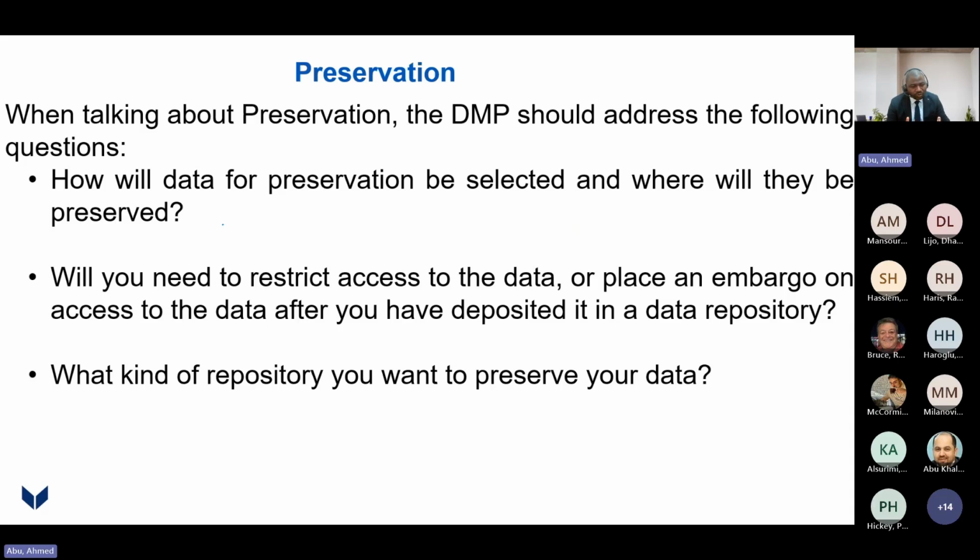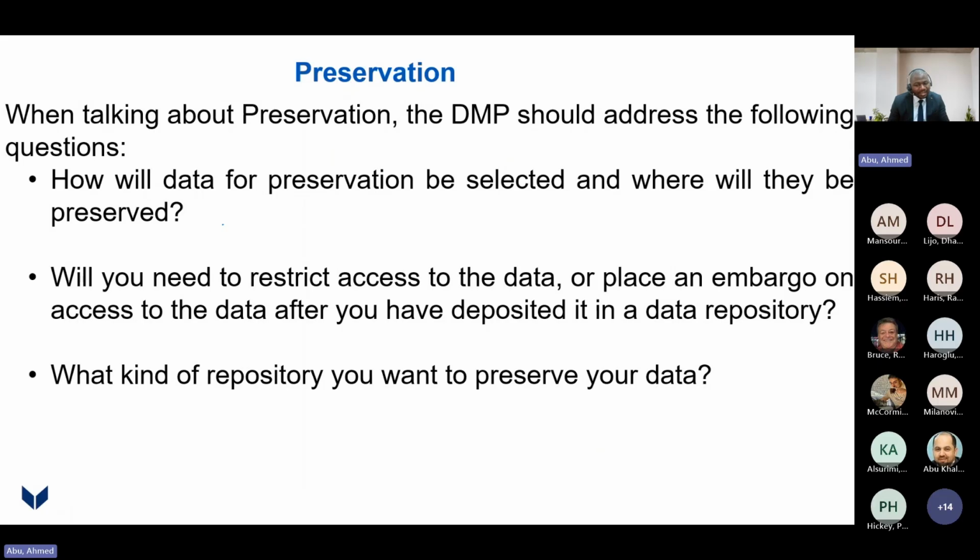Another thing is what kind of repository you want to preserve your data in. When you're choosing a repository, you need to consider certain factors. What are these factors you should address? Does the repository you want to store your data in provide long-term preservation?